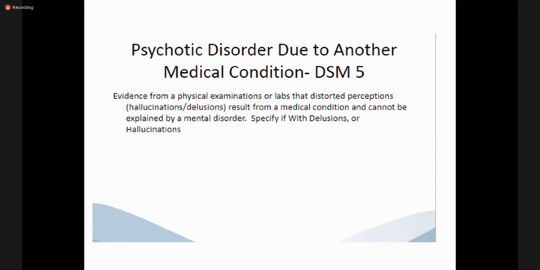So there could be an underlying medical condition. Or there are certain other conditions, such as people with SLE, systemic lupus erythematosus, they might have psychosis. So there will be an underlying medical condition. And then when that medical condition is treated, the psychosis also starts to resolve.